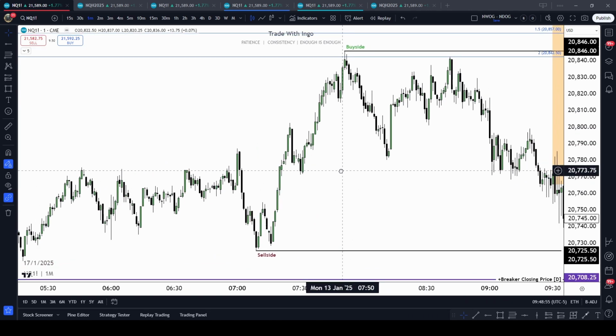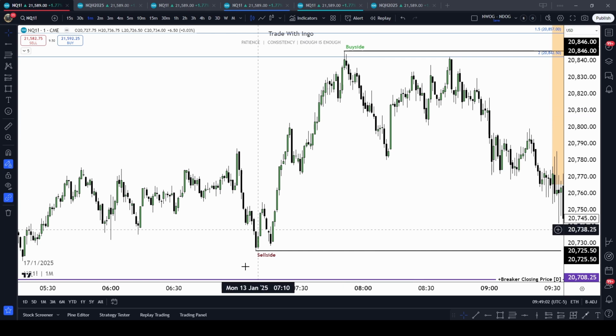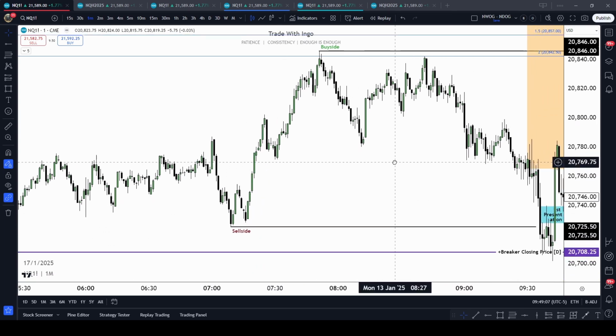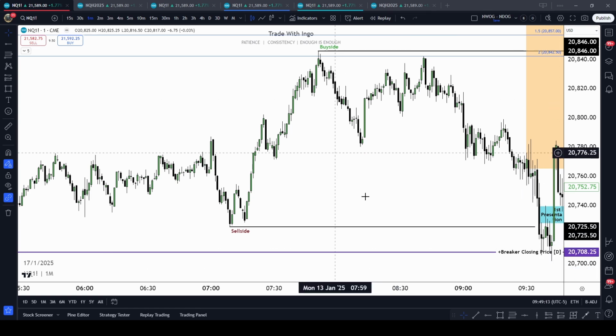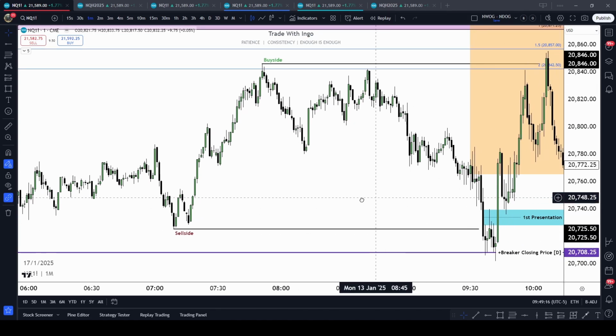So we wait till 9:30 a.m. and opening bell, and we wait for one of those to be purged. And as you can see, we purged the sell side first into the bullish breaker closing price on the daily.